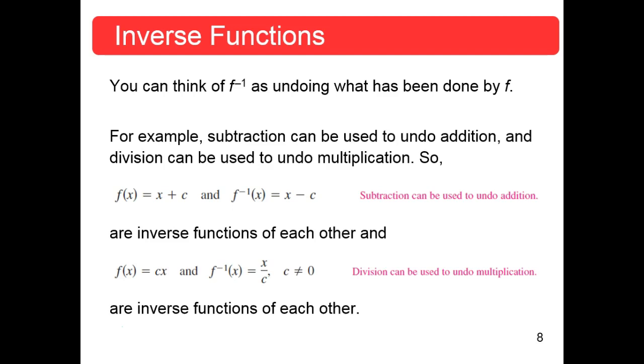If f of x is x plus c, then f inverse is going to be x minus c. It undoes what the previous one did. These are inverse functions of each other. A lot of inverses are a lot more complicated than this, so you can't just look at it and say, oh, that'll be it. If f of x is c times x, f inverse would be x divided by c. Okay?